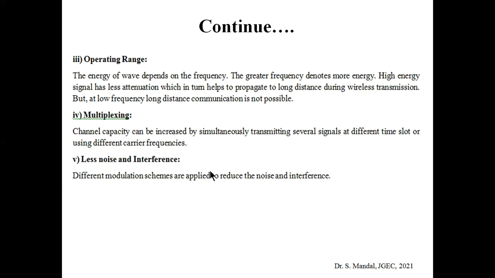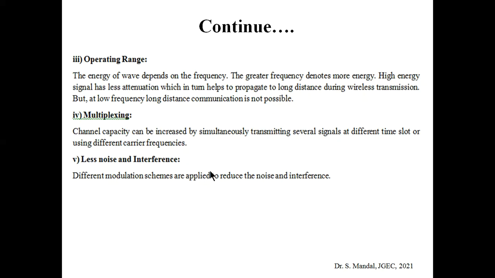Now coming to the last point, less noise and interference. It can be observed that using different modulation techniques, noise and interference can be reduced up to a certain extent.